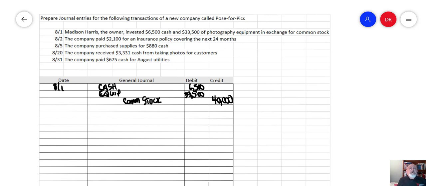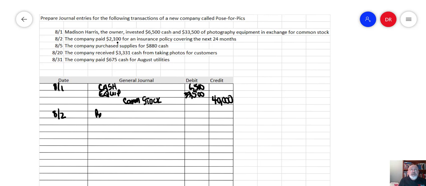Then on August the 2nd, the company paid $2,100 for an insurance policy covering the next 24 months. Now, if they say they paid this, that means they used cash. So that's an automatic assumption here. So for August the 2nd, we're going to record the purchase of an insurance policy that will cover 2 years as prepaid insurance.